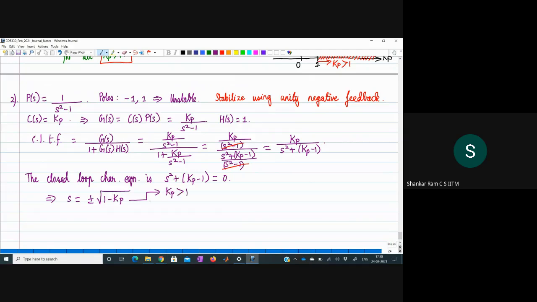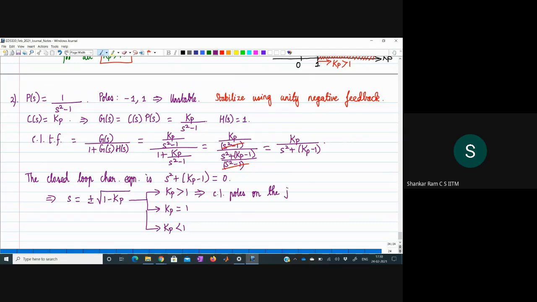Kp greater than 1, Kp equal to 1, and Kp less than 1. We can split it into three cases. What do you think will happen when Kp is greater than 1? Poles on the imaginary axis itself. So we are going to have closed loop poles on the j omega axis, right?